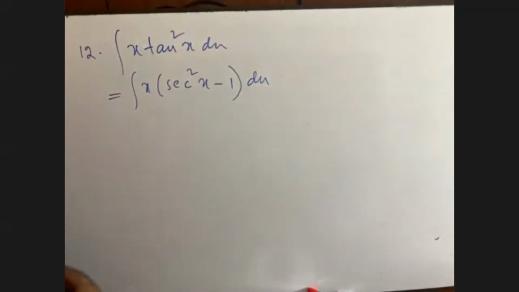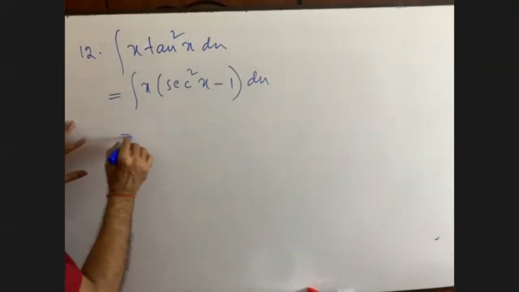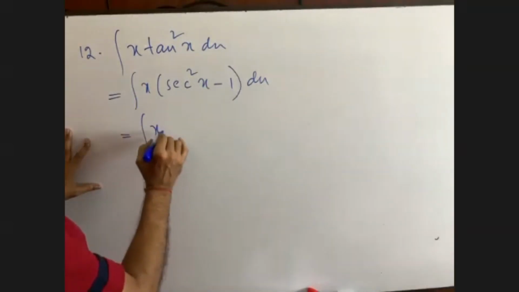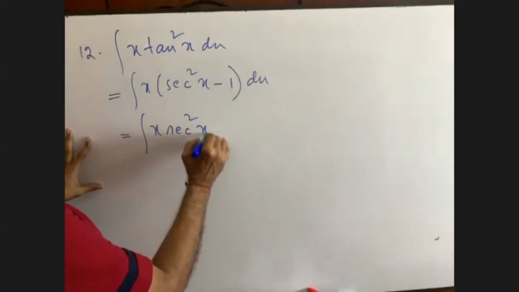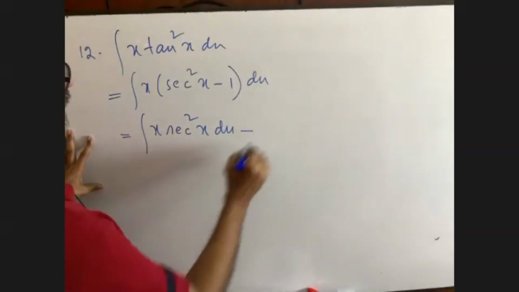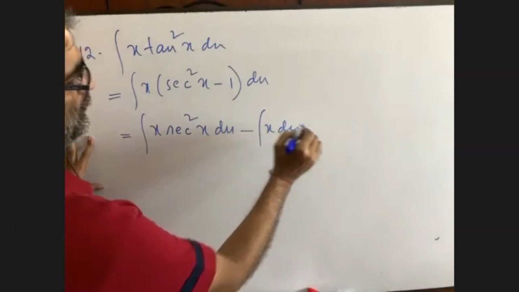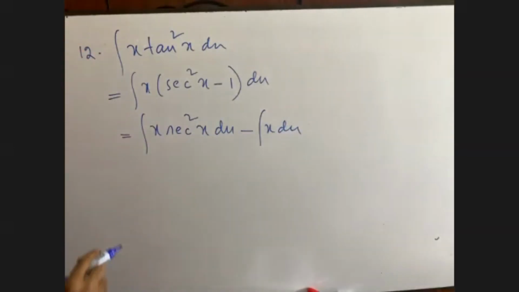That is, we are getting here x sec square x dx minus x dx. Now it is u, it is v. You can do it.